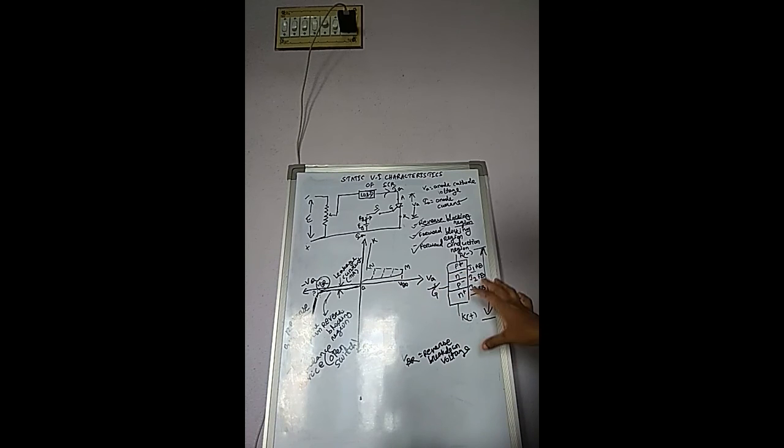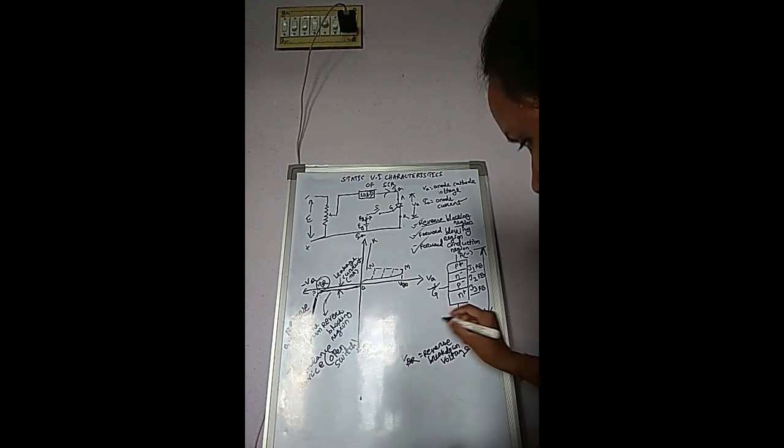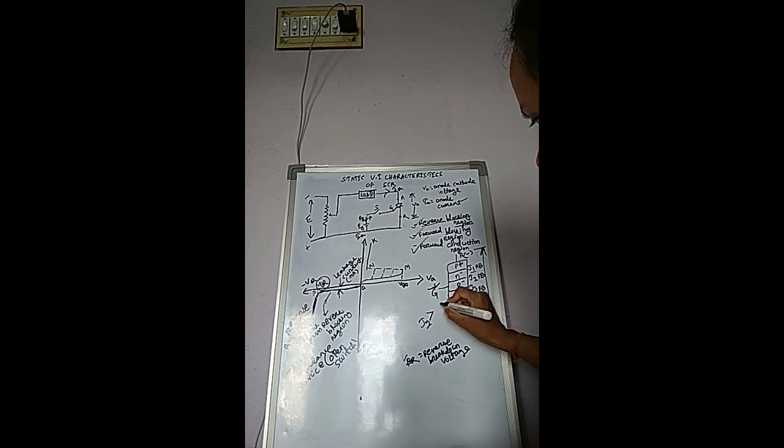So what you understand from this point is that the thickness of the J2 depletion layer during forward bias will be greater as compared to the total thickness of the two depletion layers at J1 and J3. That means the depletion layer at J2 will be greater than the total thickness of the depletion layers of J1 and J3.